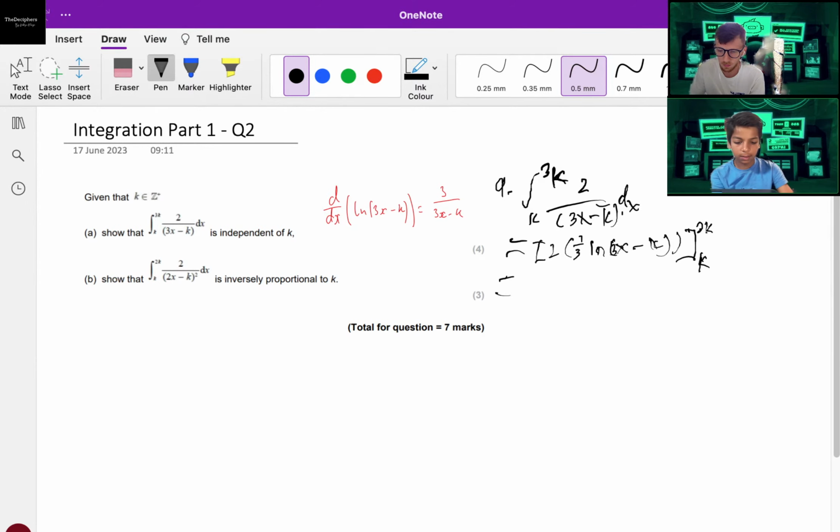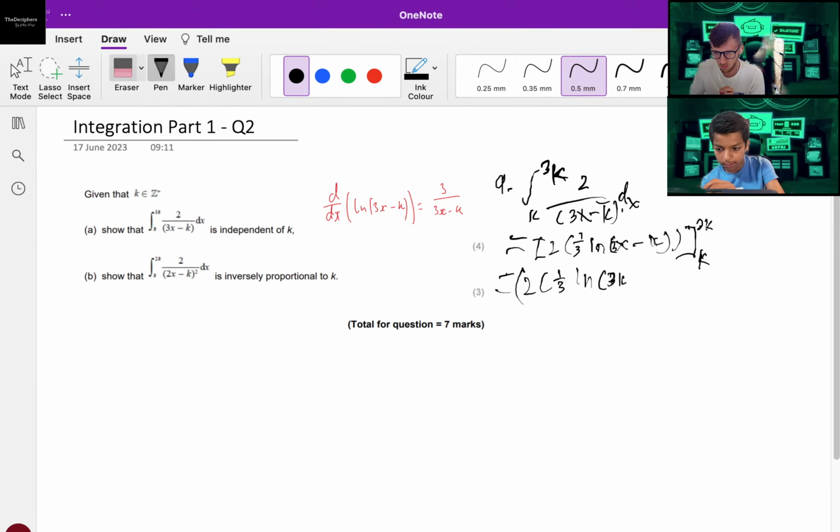Yep, so then that is the same as, and if we sub in x as k, then it would be 2 times a third ln of... Should we just do it as 2/3 rather than 2 times 1/3? Yep. 2/3 ln of 3k minus k. Wouldn't it be... Well, why are you just putting k in? Shouldn't you need to put 3k in first?